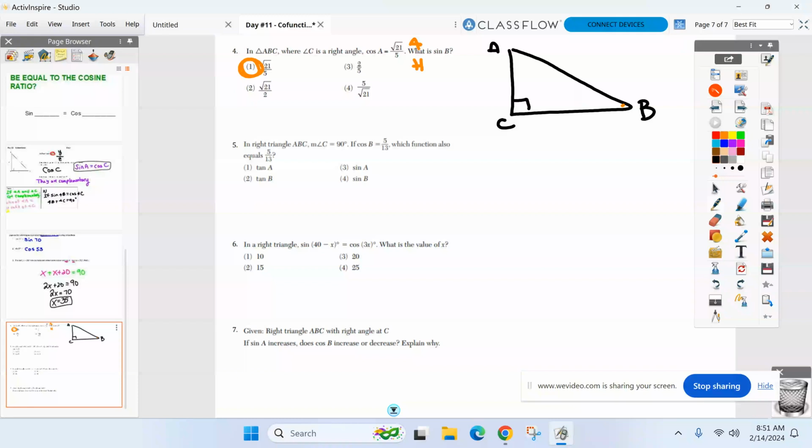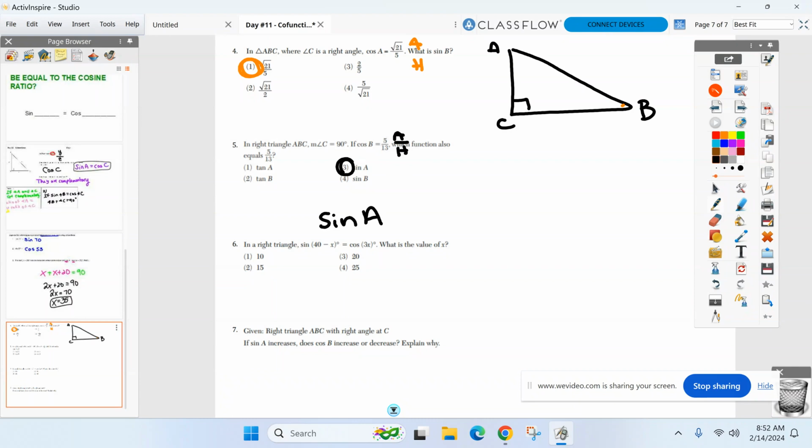Cosine of B equals 5/13. What else has to equal 5 over 13? Well, whatever it's complementary to. What's B complementary to? Angle A. Cosine and sine always go together with that, so it's got to be the sine of angle A. Or again, make a right triangle and do adjacent over hypotenuse. Put 5 on the adjacent side, hypotenuse is 13, and then go through each of these choices and figure out which one is also 5 over 13.